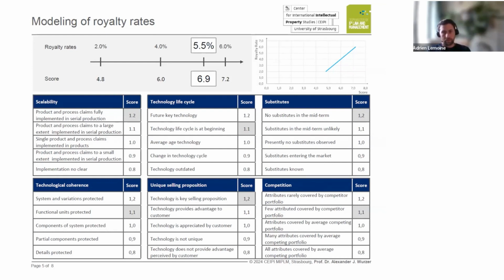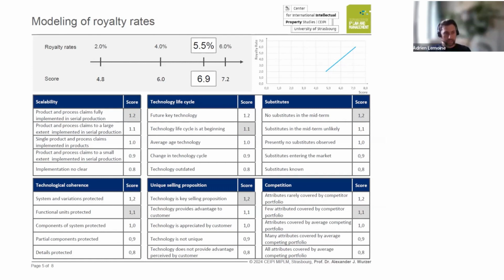Then we need to score the patent portfolio of Schneider using the 6 criteria, with a low score of 0.8 to a higher score of 1.2. As the product and the process is fully implemented, we scored 1.2 for the scalability.